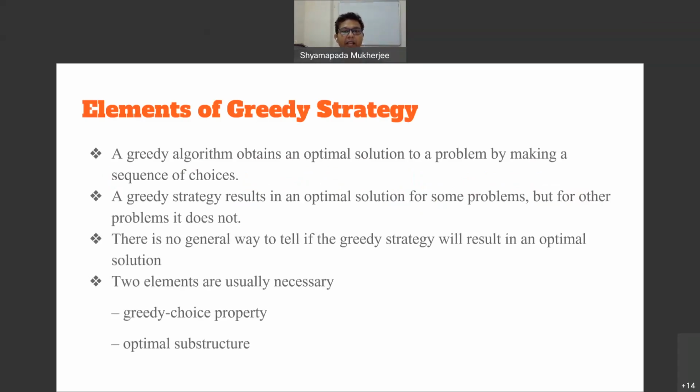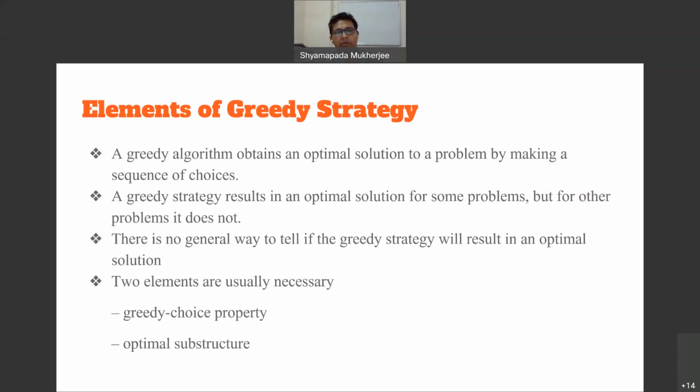As we know, greedy algorithms also find optimal solutions, and we apply them on optimization problems. It gives an optimal solution to a problem, but it is not always possible to get an optimal solution using greedy algorithm.